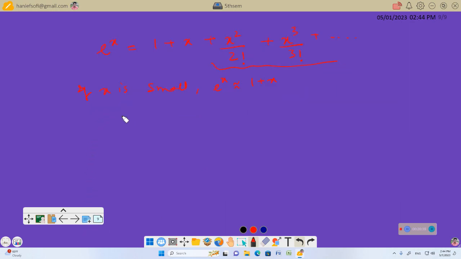Using this approximation, 1 by e raised to the power h nu by kT minus 1: instead of x, I have h nu by kT, which is much, much less than 1, as we discussed.